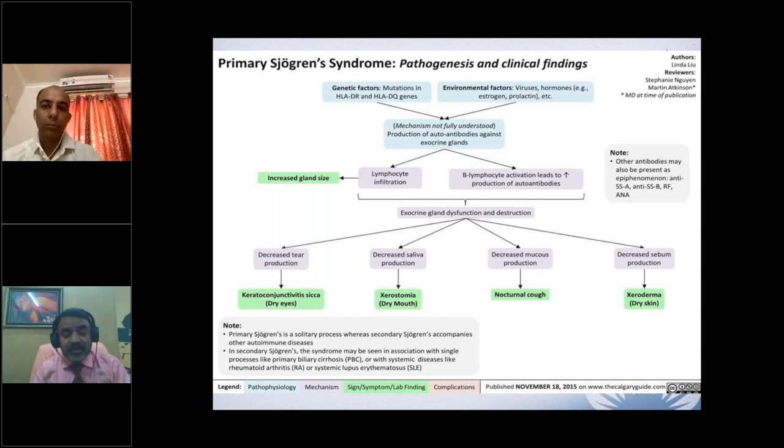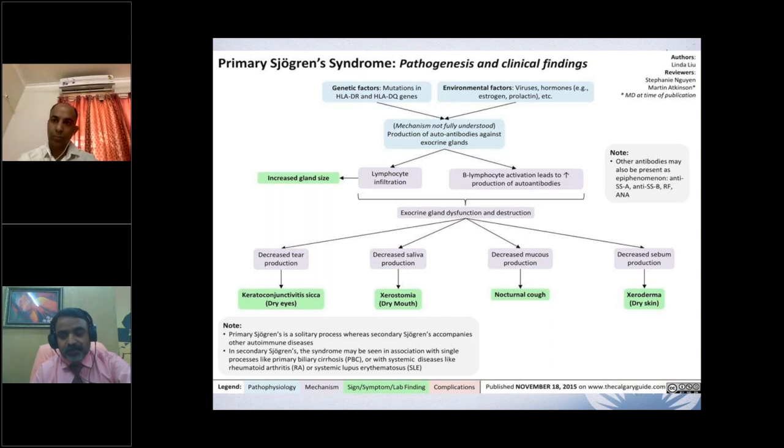There will be recurrent parotid swelling or recurrent exocrine gland swelling, and formation of autoantibodies leads to decreased tear production. The patient may present clinically with keratoconjunctivitis sicca, dry mouth or xerostomia, and sometimes nocturnal cough because of decreased mucus production.